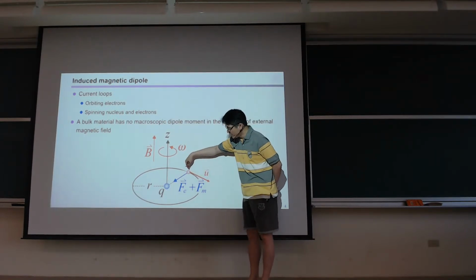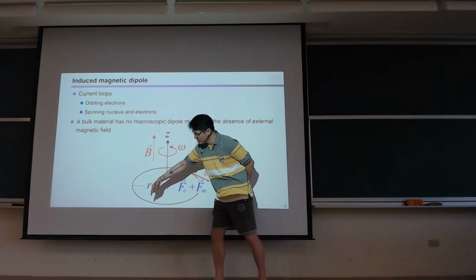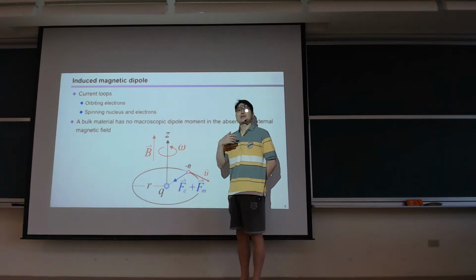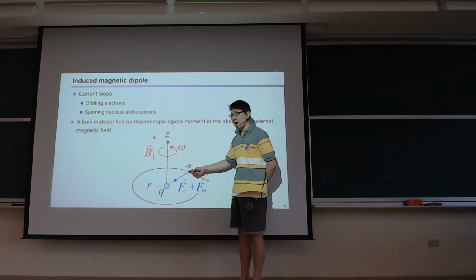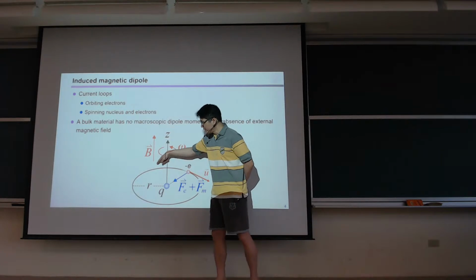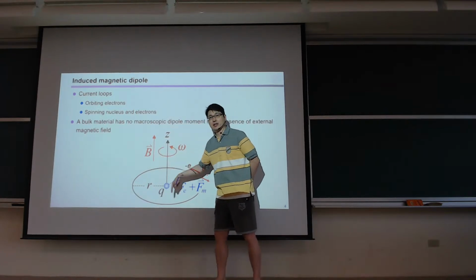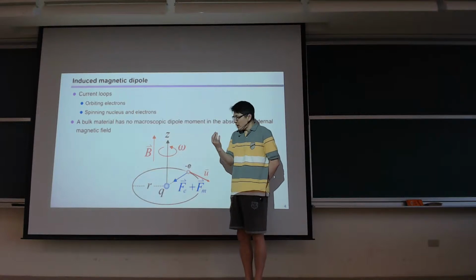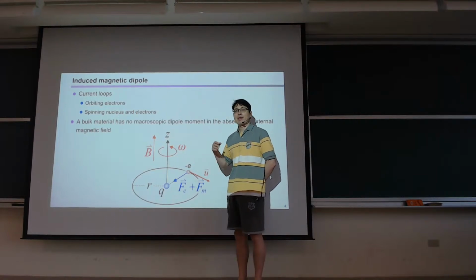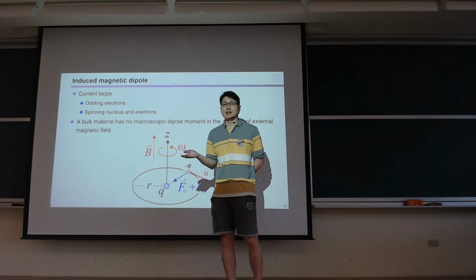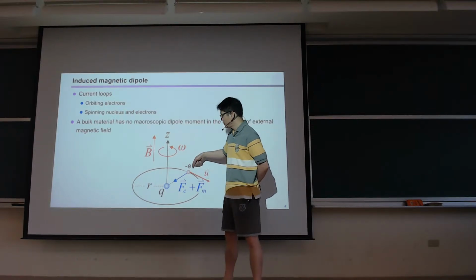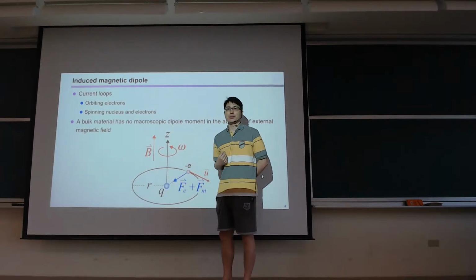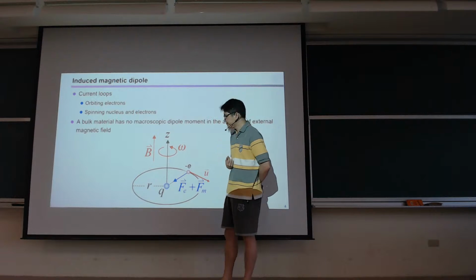So in this case, if the electron is orbiting the nucleus in the clockwise direction, it's equivalent to a positive charge orbiting the nucleus in the counterclockwise direction, right? So if you have an orbiting electron, that is essentially identical to a closed loop with a constant current, right?